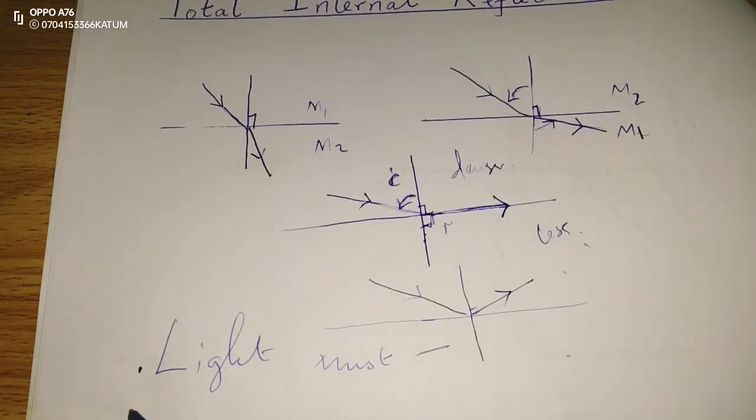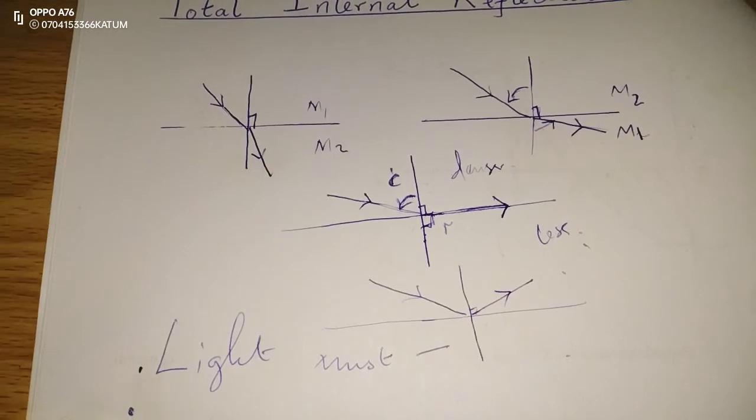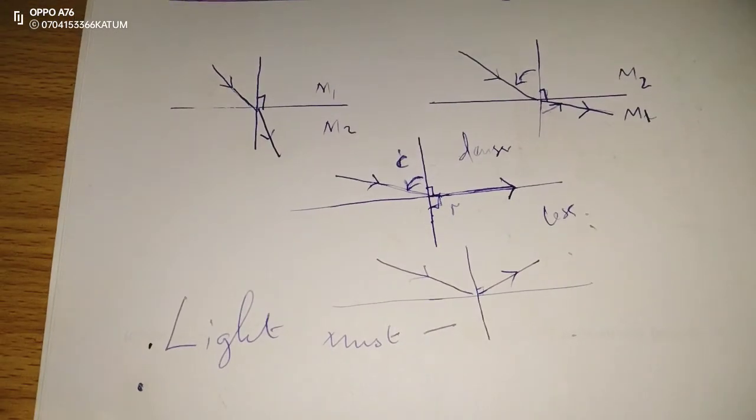Now we must say another condition necessary for total internal reflection to occur: the angle of incidence in the denser medium must be greater than the critical angle, because it is beyond the critical angle that total internal reflection occurs.